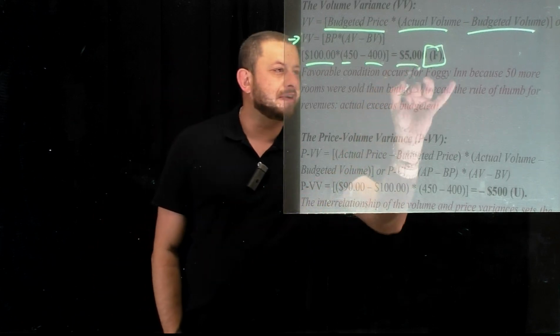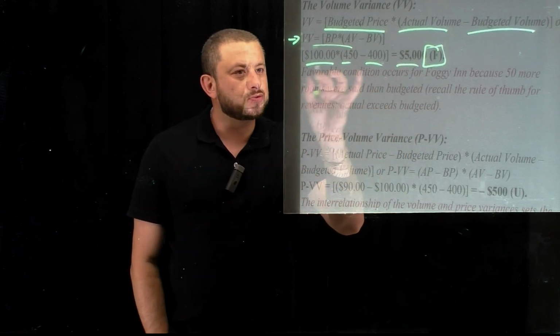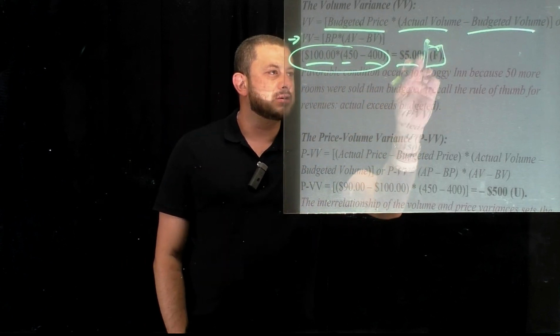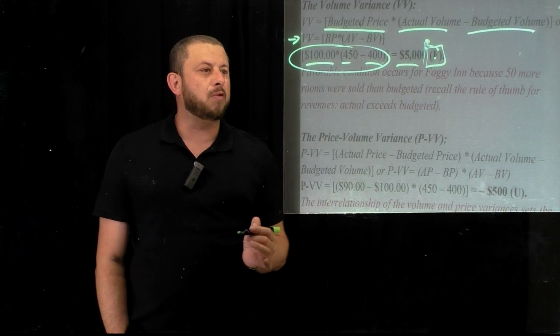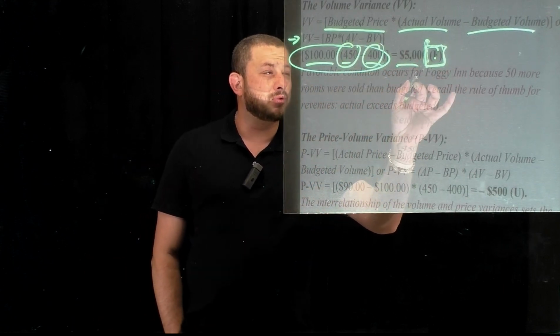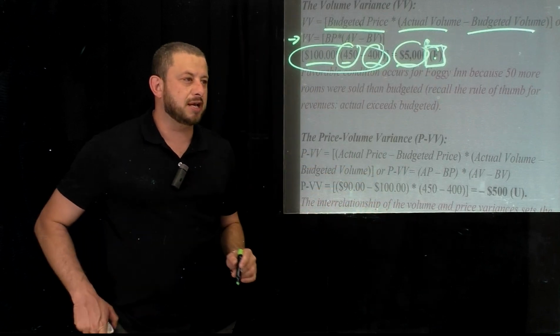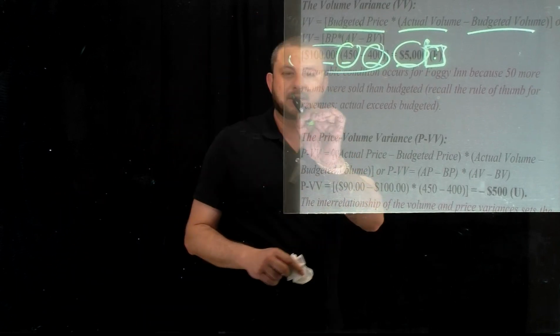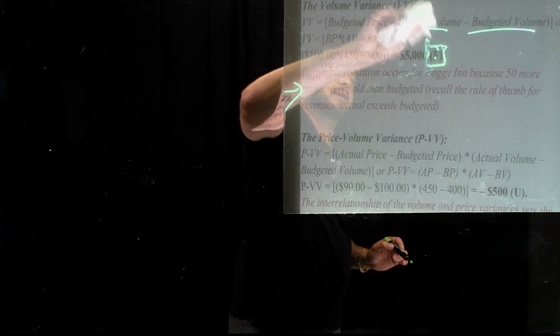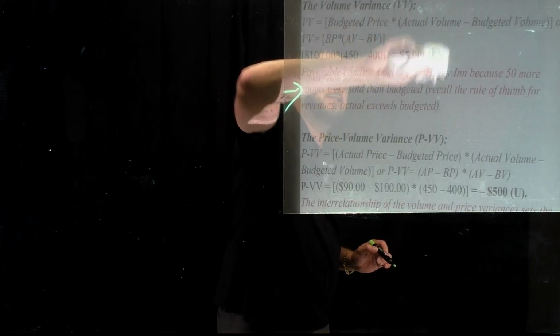By how much? By $5,000. How do we know that? Because we just ran the equation and calculated the $5,000. What is $5,000? Favorable. Why? Because actual exceeds the budget. This is exactly what I'm talking about in my explanations right here. This is how you should also analyze when you're dealing with variance analysis, guys.